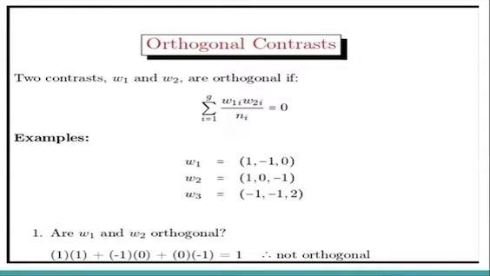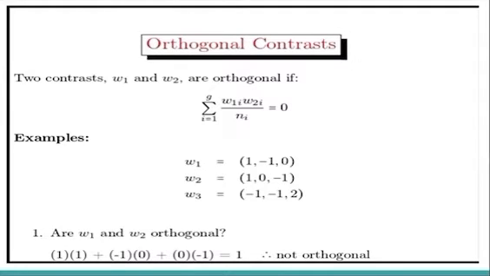Okay, I'm going to write something now so that you can see. They said W1 and W3 are orthogonal. W1 is 1, minus 1, 0. W3 is minus 1, minus 1, 2.